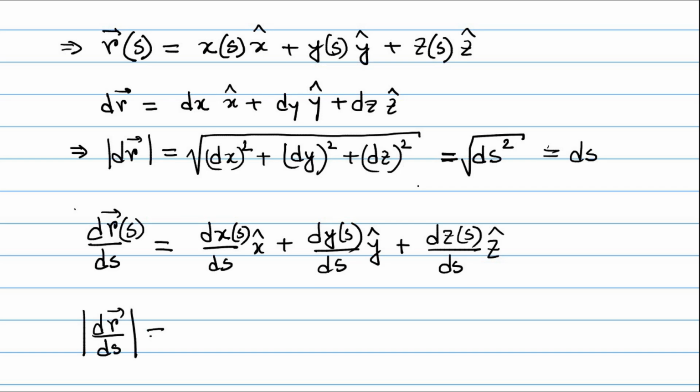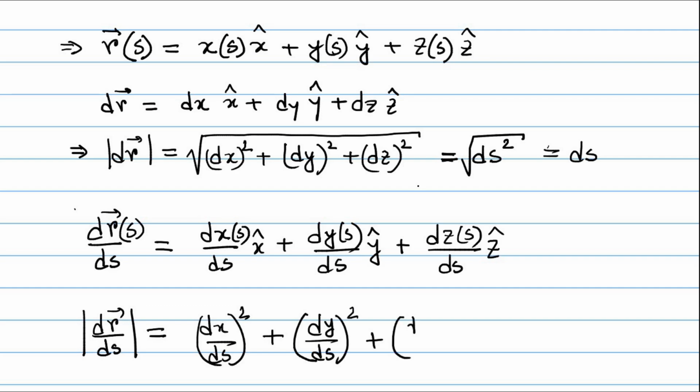Okay, and what does that give us? That gives us dx over ds all squared, plus similarly all the components squared and then summed over, and then of course a square root has to be put over it, so over half.